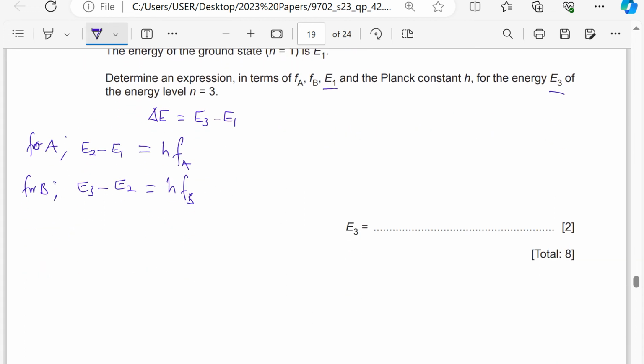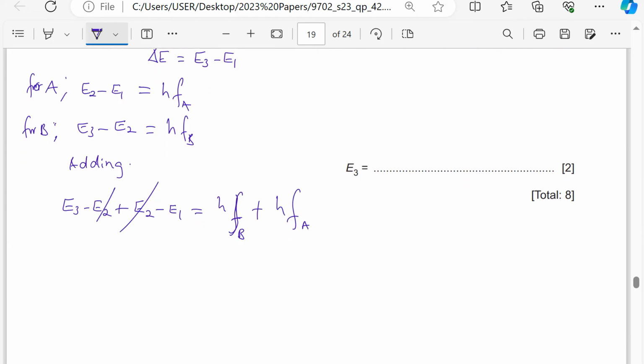Now I'm going to add these two equations. When I add these two equations, I have that E3 minus E2 plus E2 minus E1 should be equal to hFB plus hFA. So the E2 cancelled out.